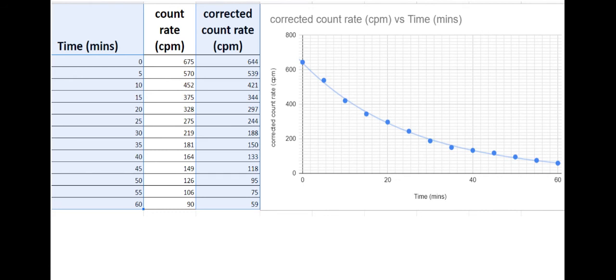So our original count rate was just around about 640, as we can see on the graph there. Half of that is 320, and it reached that after a time of about 18 minutes.